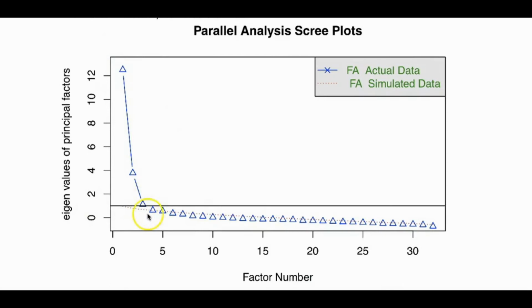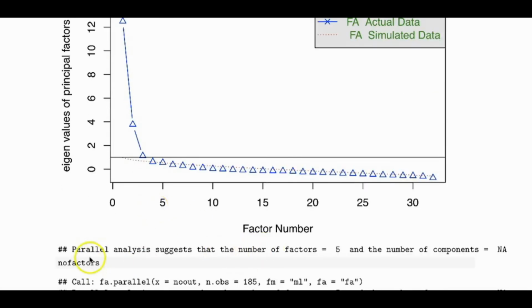And if we look at the elbow, it's also recommending 3 factors. And it actually has this really nice output that tells you the number of factors it recommends. And it's telling you that the parallel analysis recommends 5 factors. So based on the eigenvalues, I see 3 factors. Based on the parallel analysis, I see 5 factors. And based on the theory, it was also 3.